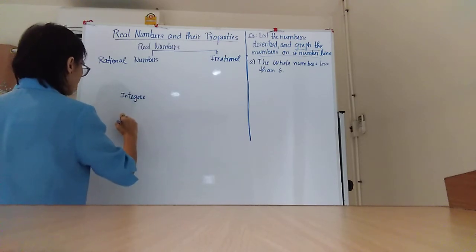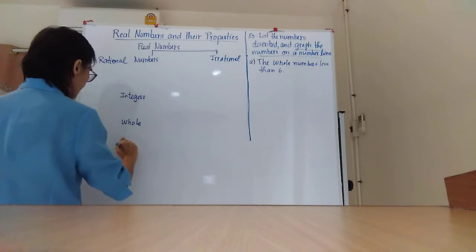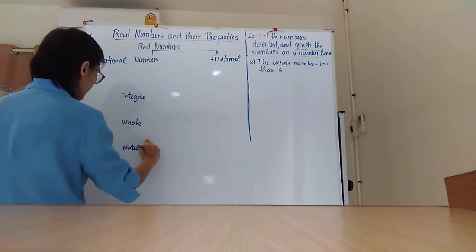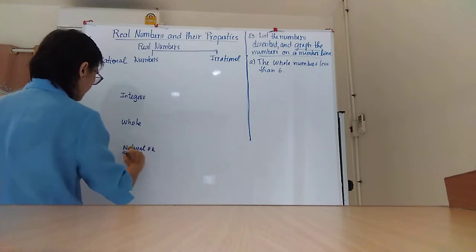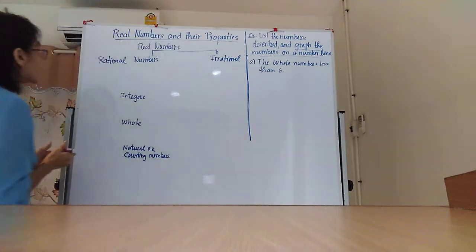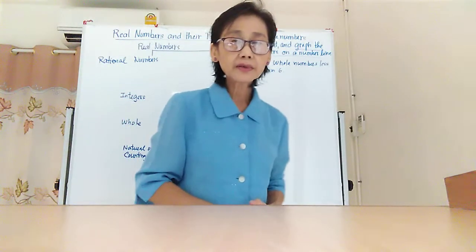Then whole number and natural number or counting number. Okay. What are the rational numbers?